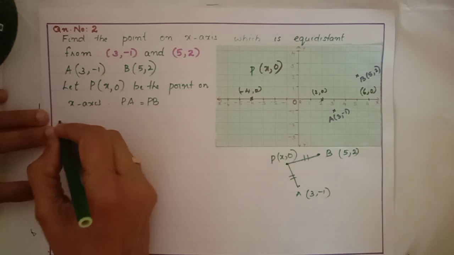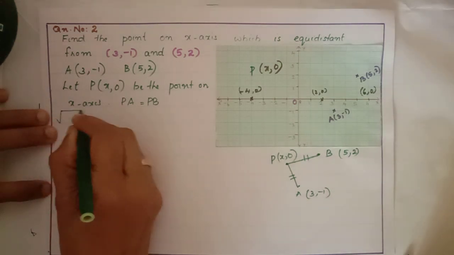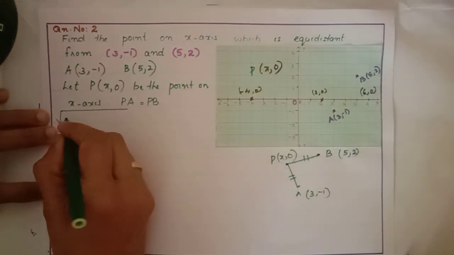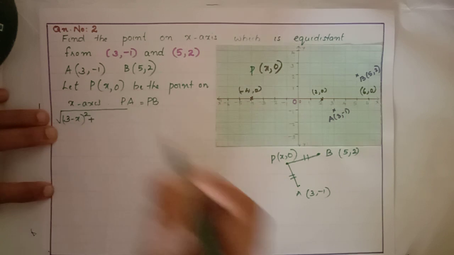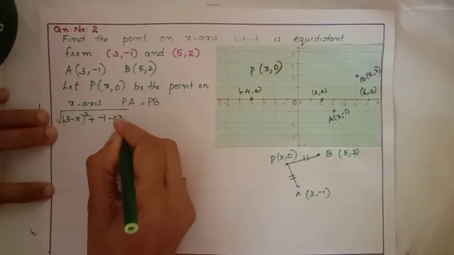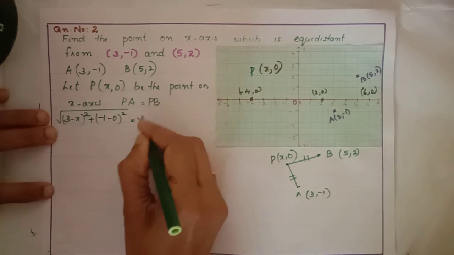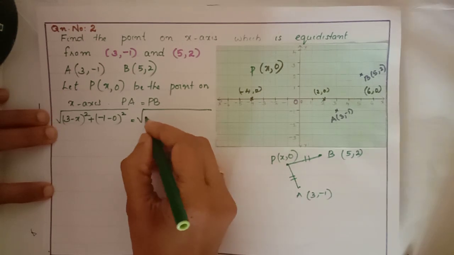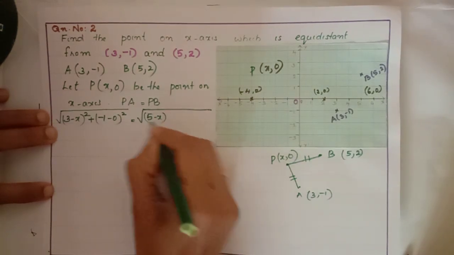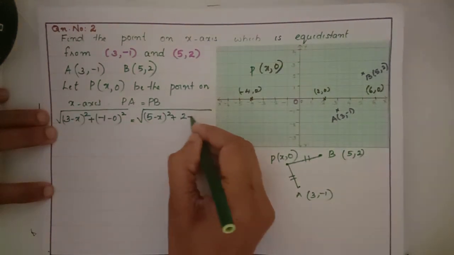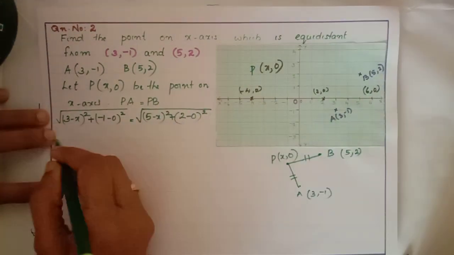Again, square root of distance formula. (x2 minus x1) the whole square. So (3 minus x) the whole square plus (y2 minus y1), (minus 1 minus 0) the whole square, equal to again PB, square root of (5 minus x) the whole square plus (y2 minus y1), (2 minus 0) the whole square.